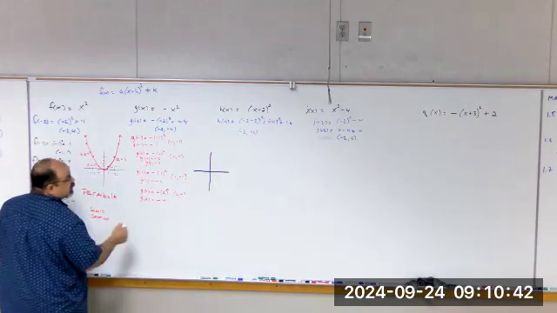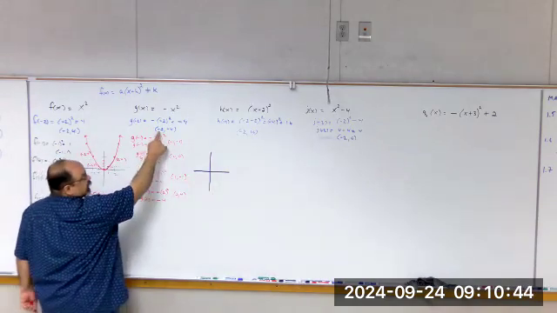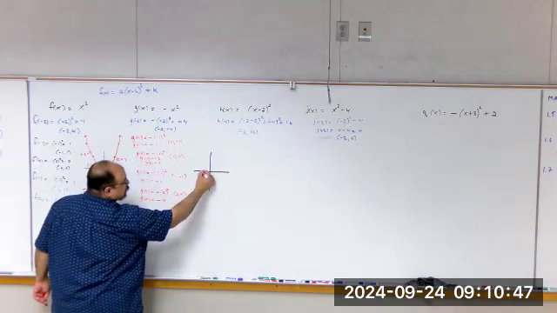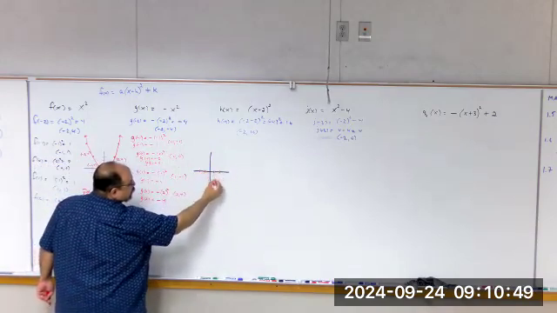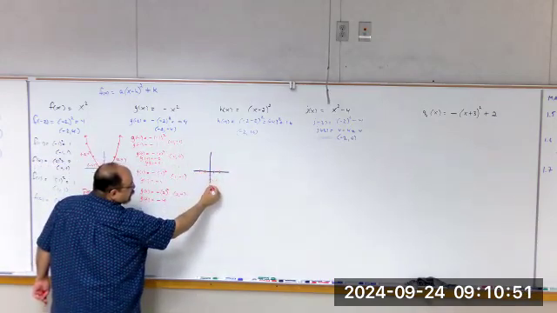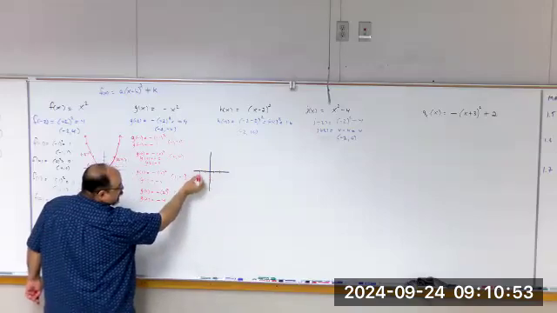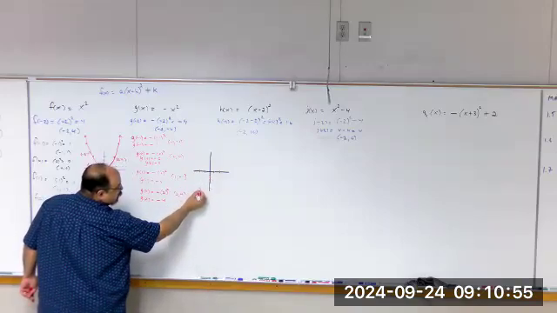So we plot these points. At negative 2, we get negative 4, so we're down here at negative 4.